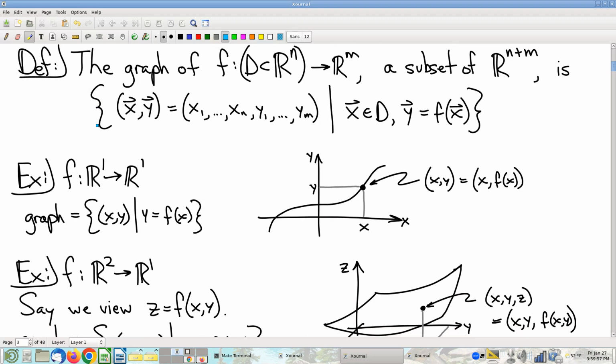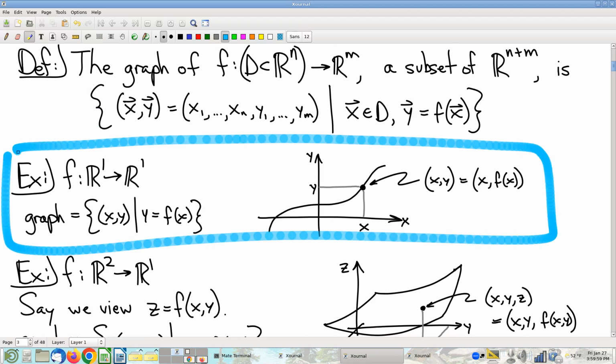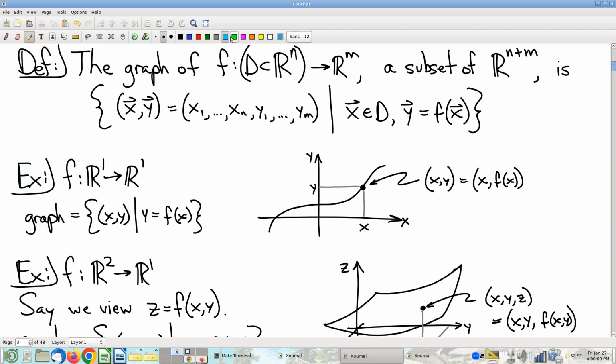This is an extremely common construction in a single variable calculus class, and the idea, of course, is that for every input value, there is a corresponding output value, and then you take the input value x, you make that the first coordinate, you take the output value y, you make that the second coordinate, and the pair with both the input and the output as coordinates of the same point defines a point on the graph.